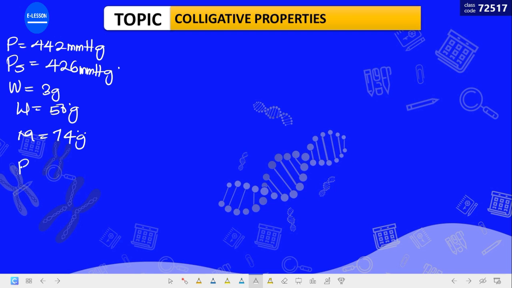So our formula says P minus Ps all over P is equal to w over M divided by w over M plus W over big M. The small letters are for the solute, while the big ones are for the solvent.